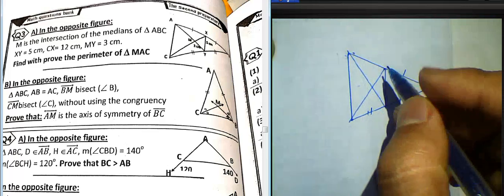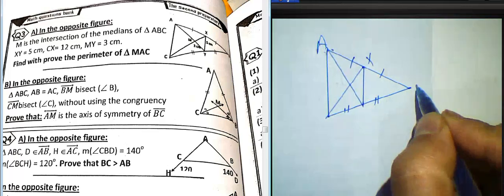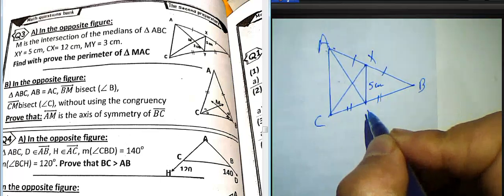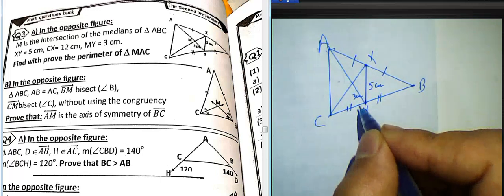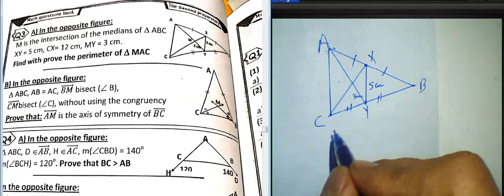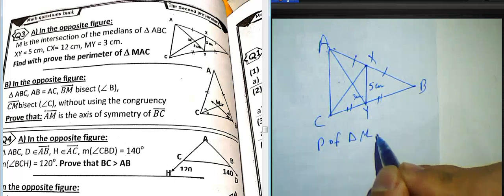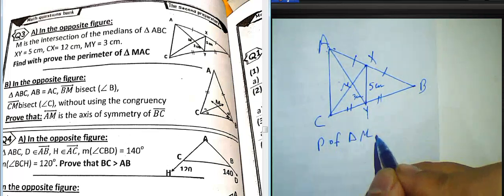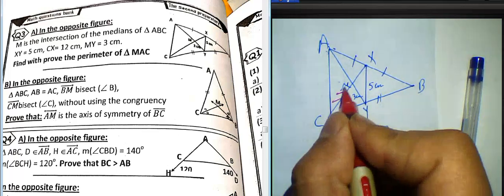We have X, the midpoint between A and B, and here C. This side is 5 centimeters and this side is 3 centimeters. We want to find the perimeter of triangle MAC.